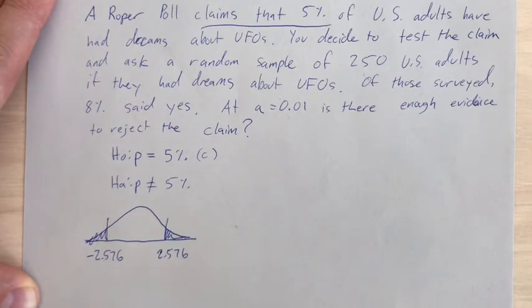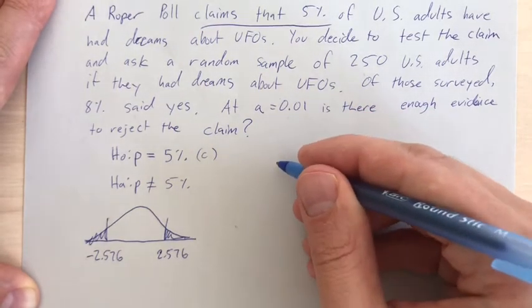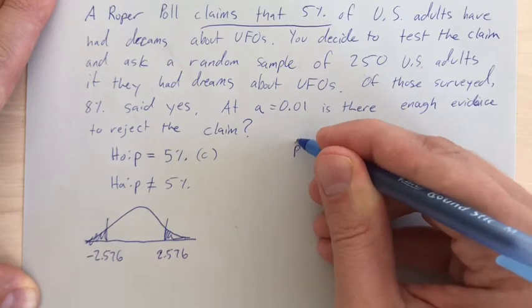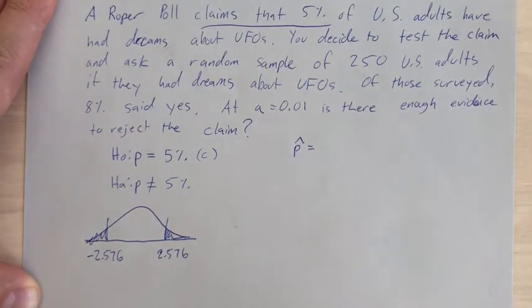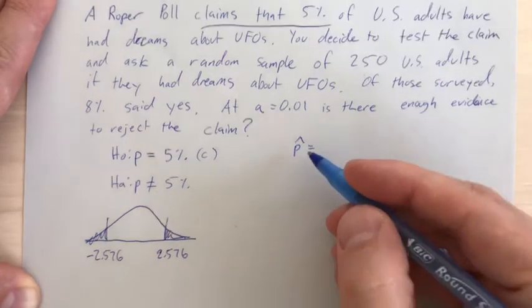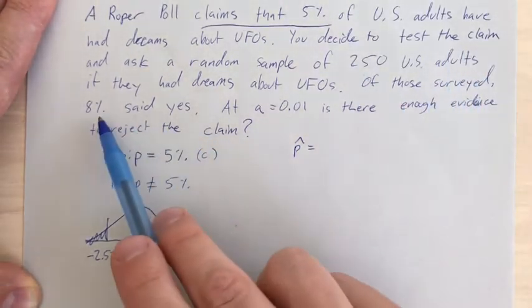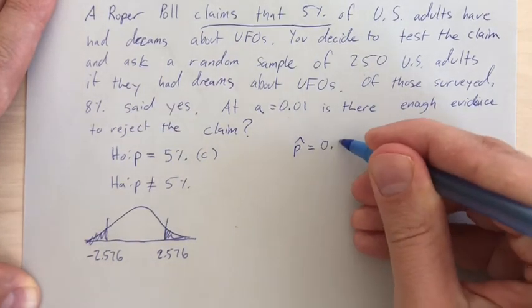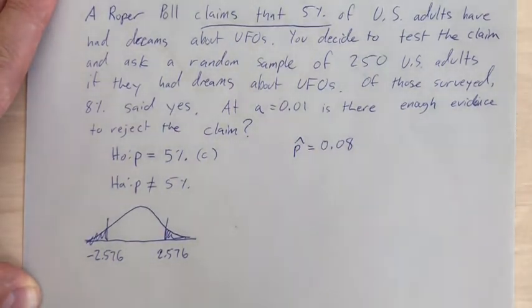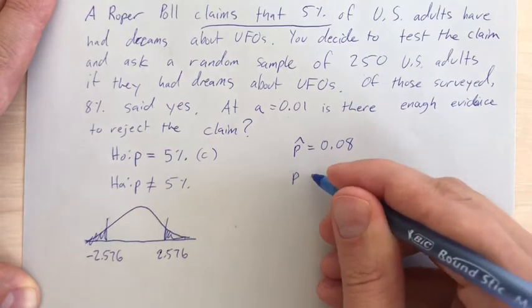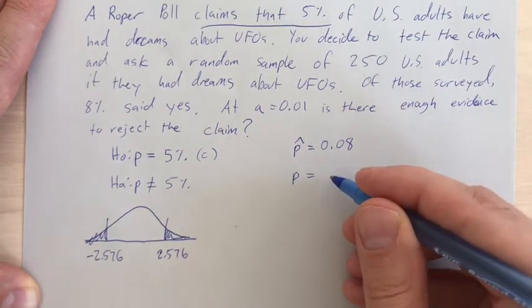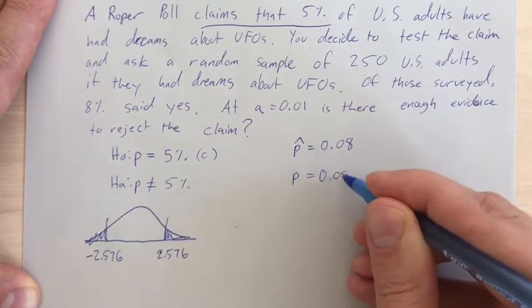Now we're going to get into the math part. So for this one, we're going to just kind of label everything out. We're going to write them now as decimals because in the math problem, you always want to deal with decimals, not percents. So p hat in this problem, again, is going to be 8%. So I'm going to write that as a decimal because that's how I'm going to plug it into the problem. The claim percentage is going to be 5%, so 0.05.